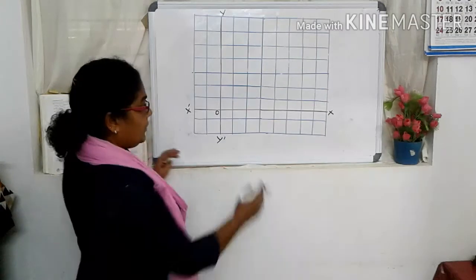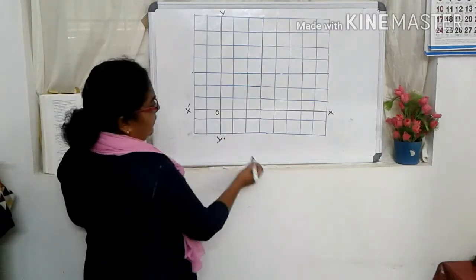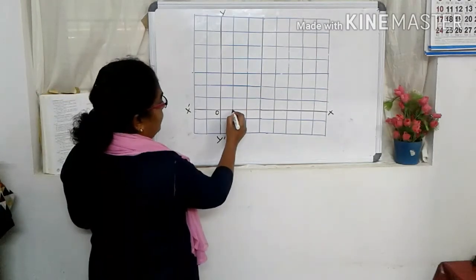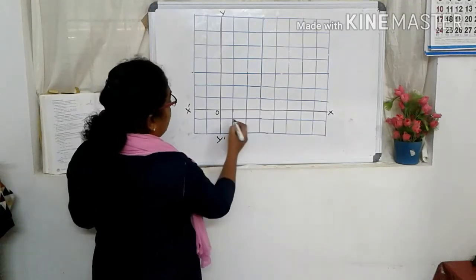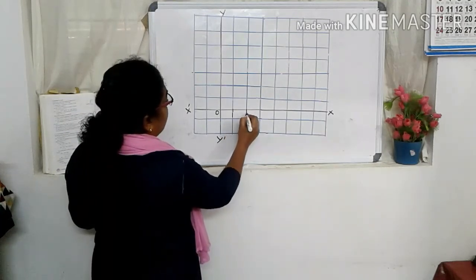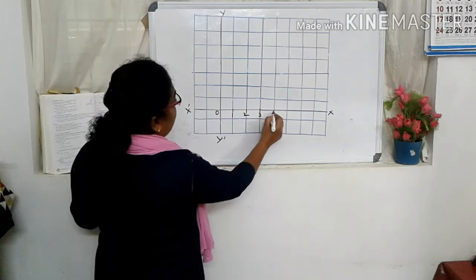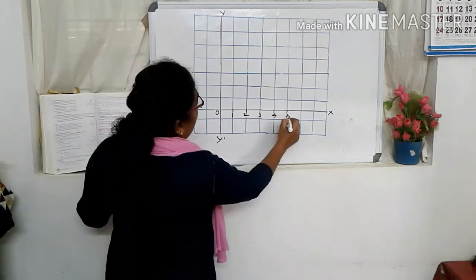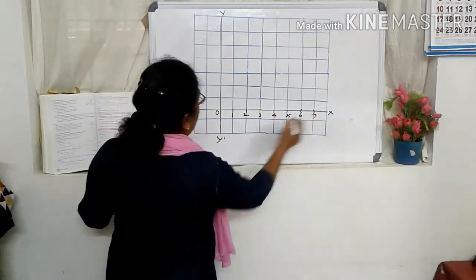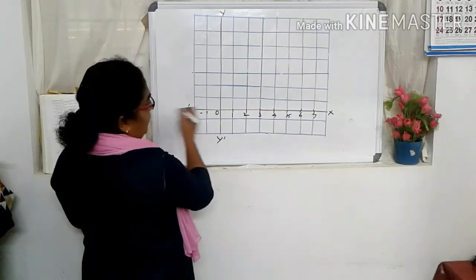Now here we are marking one point. This is the x coordinate, so 1, 2, 3, up to 6, 7, and here -1, -2.